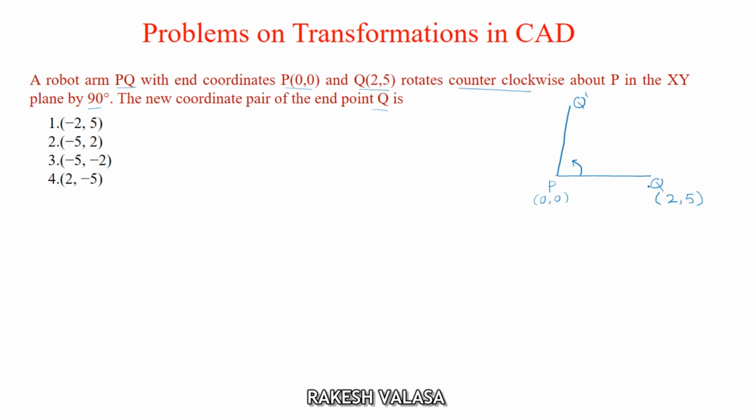Q changed from Q to Q dash. These coordinates are X dash comma Y dash. Now we are asked to find out the new pair of the endpoint Q, that is Q dash equal to how much.